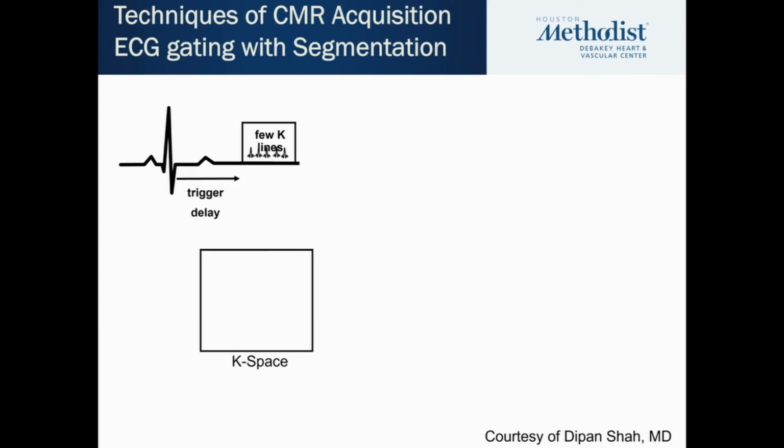Now, I'll discuss quickly how CMR acquisitions are done. CMR is dissimilar to CT in that it's not necessarily obtained as a 3D volume data set in a matrix that has Hounsfield units, as we know from CT, but rather the data as it is acquired is tabulated in what we call the K-space.